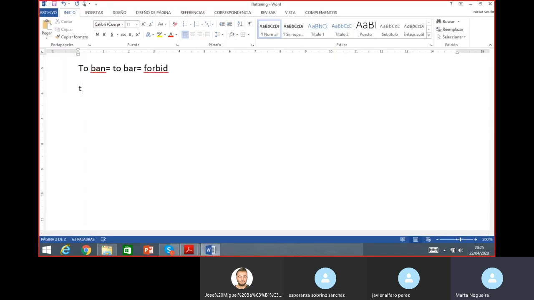Hay muchos phrasal verbs. Por ejemplo, tenéis to end, que es terminar. Y hay veces que los phrasal verbs tienen un matiz enfático, ¿vale? To end up, finalizar por completo, ¿vale? Pero es lo mismo. So, it may happen that you have some phrasal verbs with a preposition, but it doesn't contribute to more meaning.